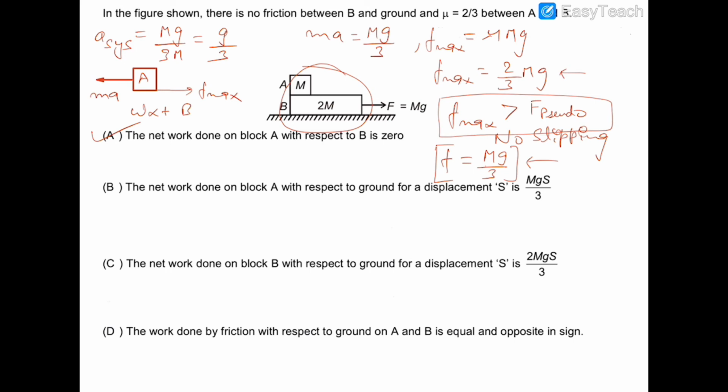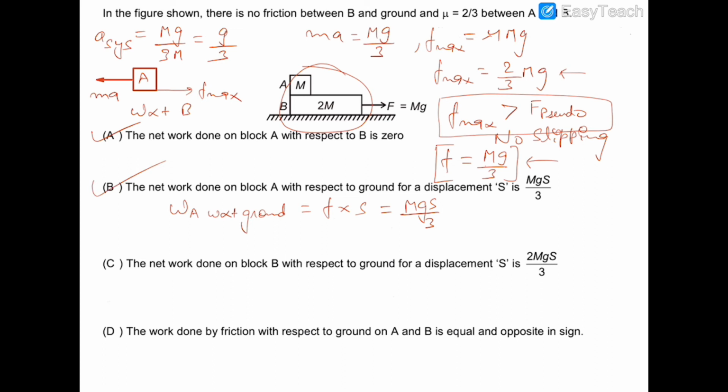So the work done on block A with respect to ground will be equal to this friction force into displacement S, so mgS/3. So option B will be the correct option.